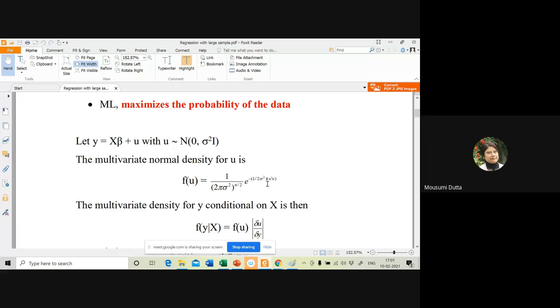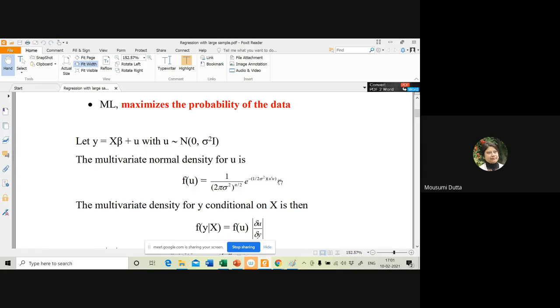What is the standard style of writing the normal distribution? 1 by sigma root over 2 pi, e to the power minus half, x minus mu by sigma, whole square. Here we are finding minus 1 by 2 sigma square part as it is. However, x minus mu whole square has been replaced by u prime u. Instead of considering the distribution of x, here we are considering the distribution of u.